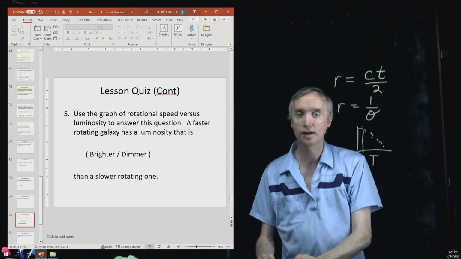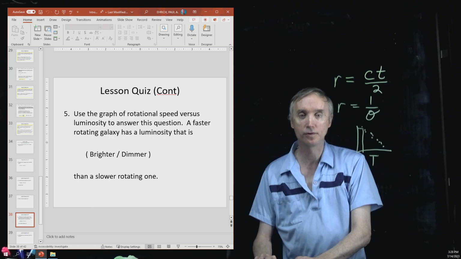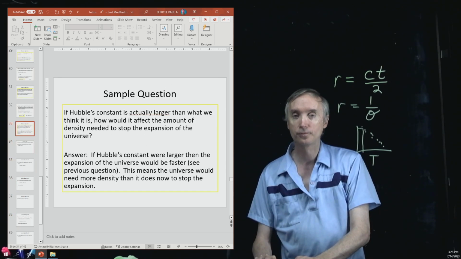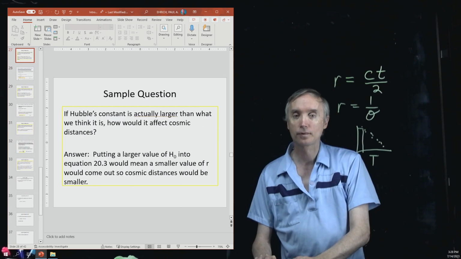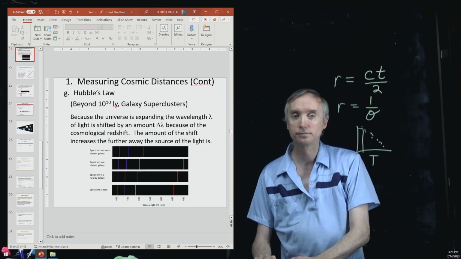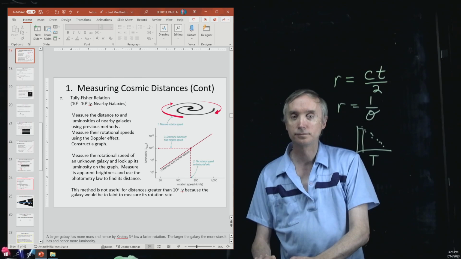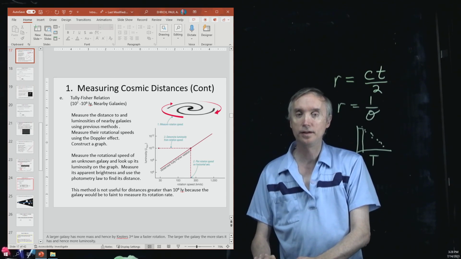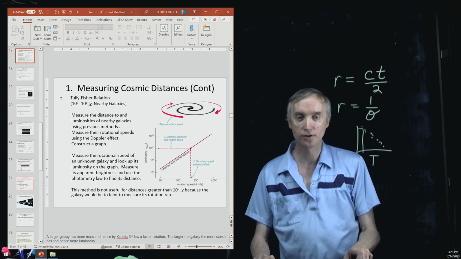Okay, so let's take a look at it. So we want the graph of the rotational speed versus luminosity of a galaxy. There we go. All right, so this one was the Tully-Fisher relationship.